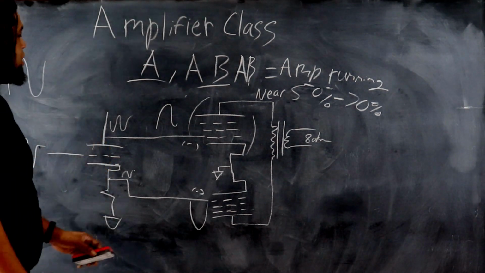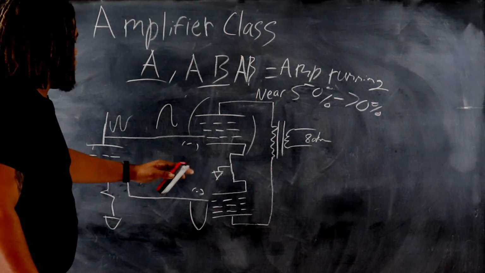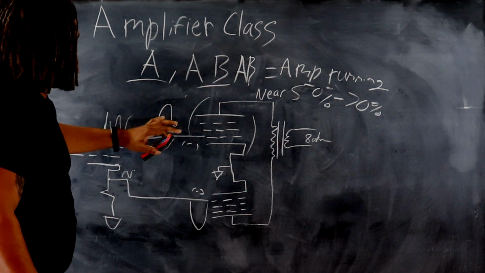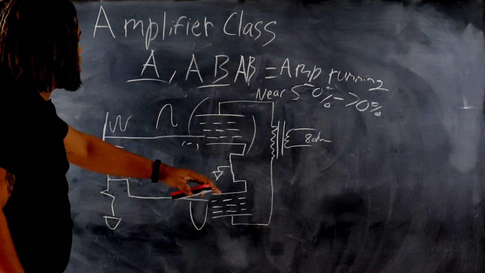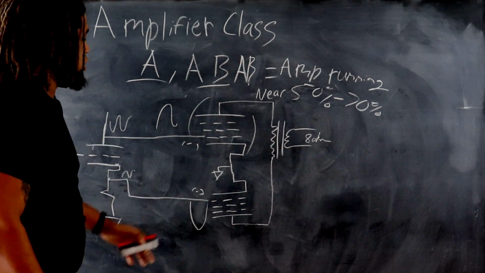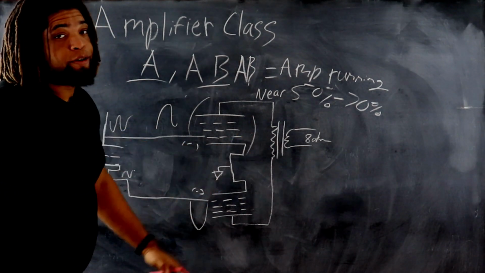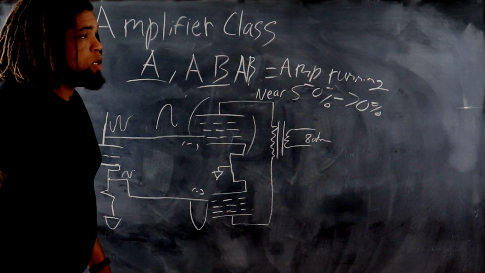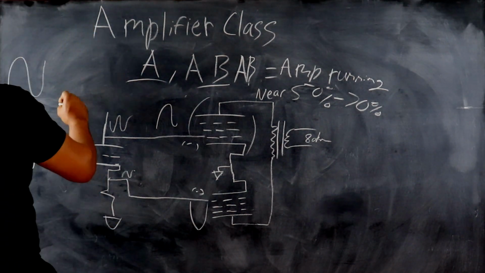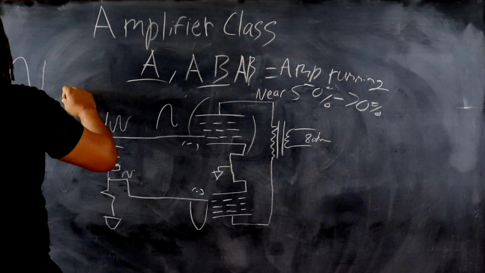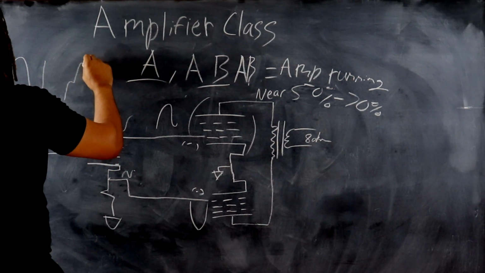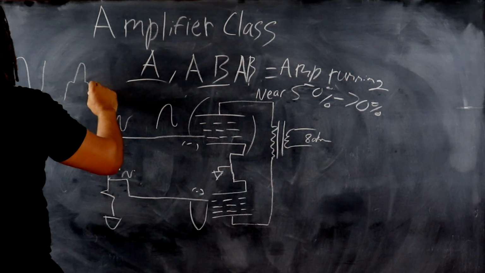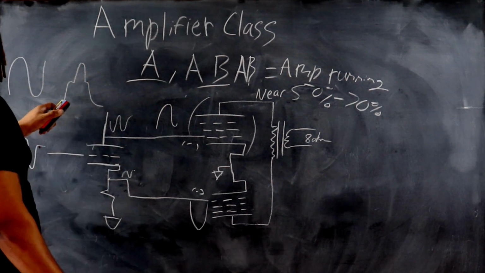But because there's some modulation here between this tube taking a part of the cycle and this tube taking a part of the cycle, sometimes, especially depending on the quality of your output transformer, there's what we call crossover distortion, which means that there's a bit of distortion that can happen in the transition of the cycle.